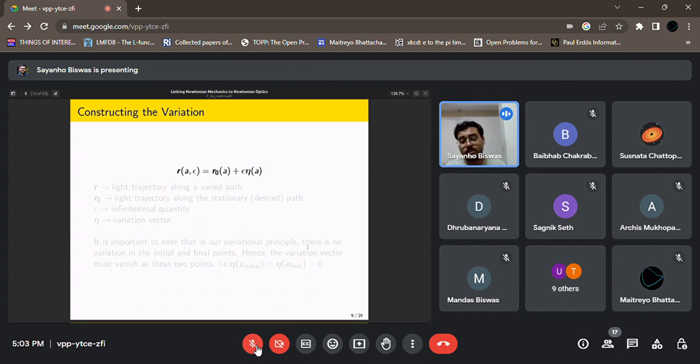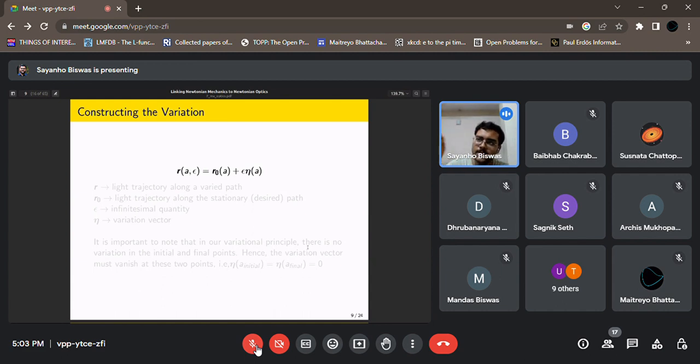Now what we shall try to do is construct a variation. What I have written over here is a plain and simple equation. R is the R vector, that means the position vector of the light path.